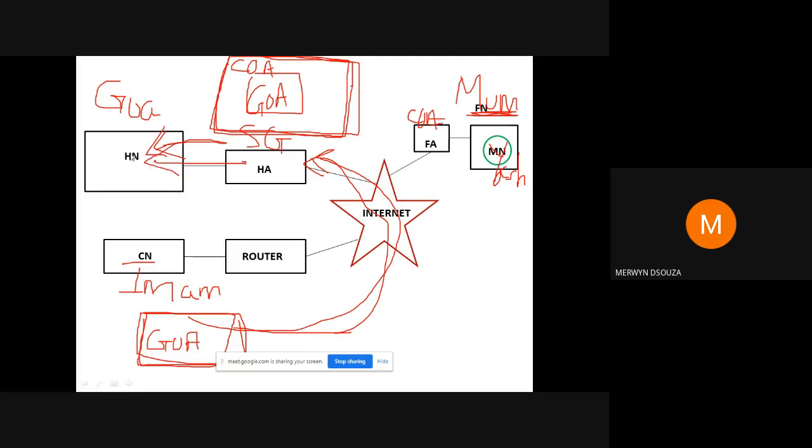Since MN is not present here, this packet cannot be delivered to the home network. It has to be delivered to the foreign network. So if you are going to deliver it to the foreign network, you have to put it inside a new packet. In the new packet, you put the new address, the temporary address, which is the current location of the MN. The current location of the MN is known as the care of address.